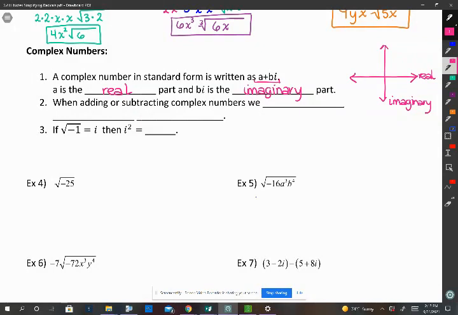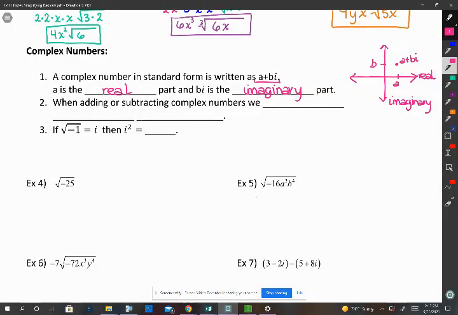So if I had a plus bi, I'm going to go over a spaces, and I'm going to go up b spaces. And so this point right here would be the point a plus bi. I'm just going to call that b. But it's the imaginary number system, so there's our bi.